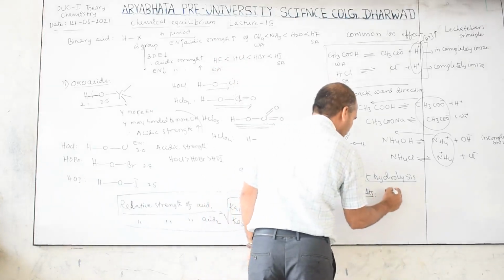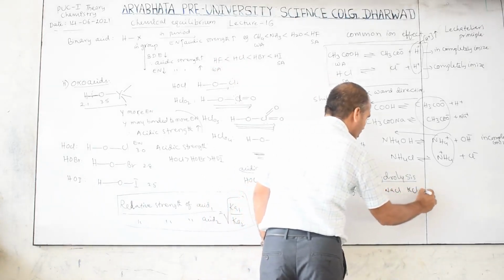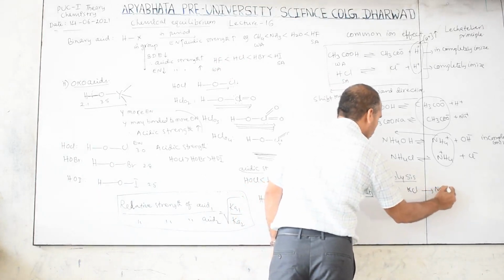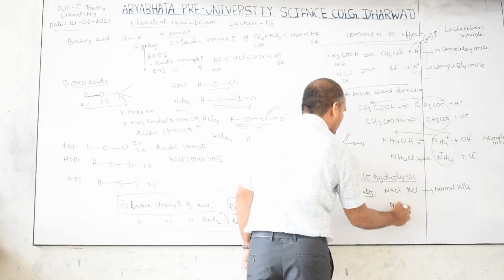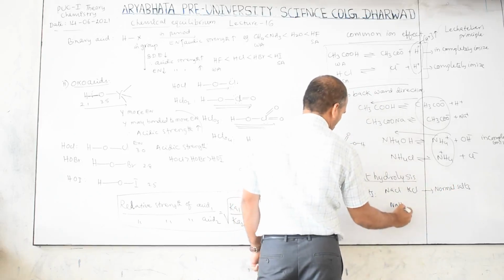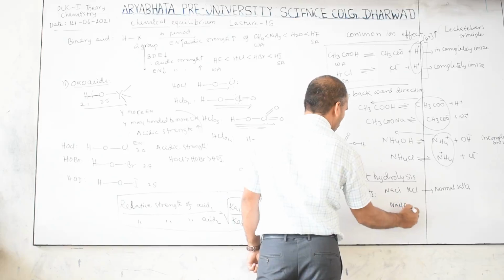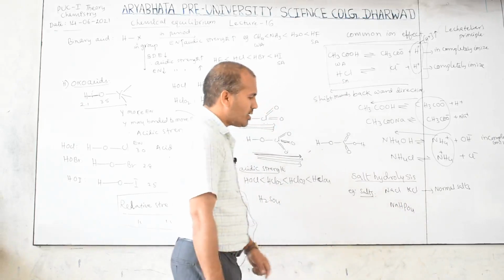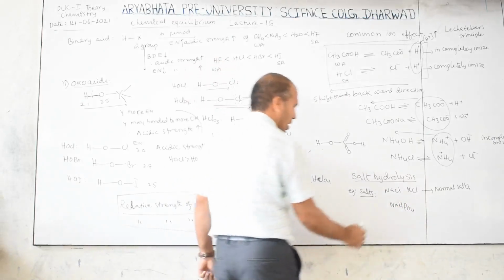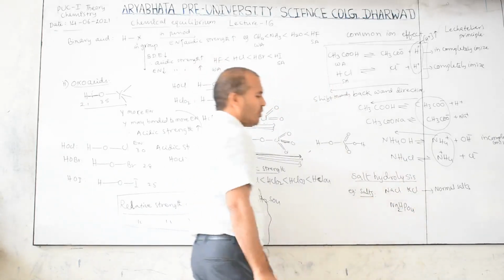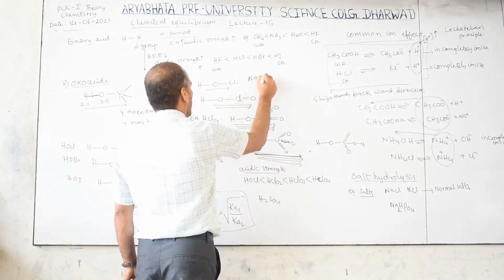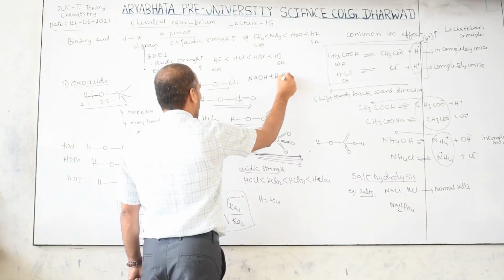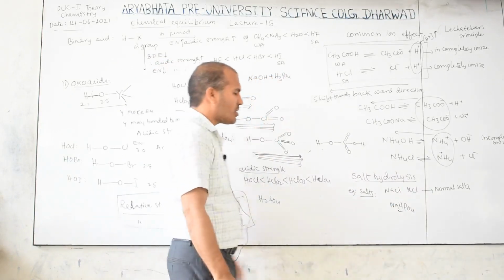Salts like NaCl and KCl are called normal salts. Now Na2HPO4, because we know about the polyprotic acid: NaOH plus H3PO4. How many hydrogens are present here?